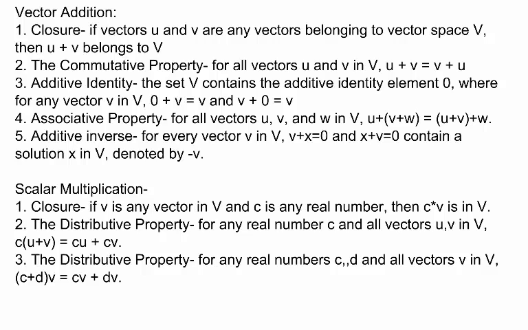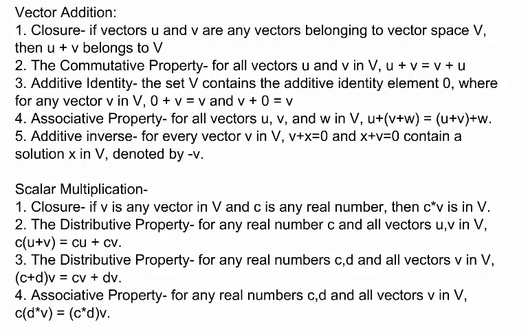Number 3, the distributive property again. This time, for any real numbers c and d, and all vectors v in vector space V, (c plus d) times v is equal to c times v plus d times v.